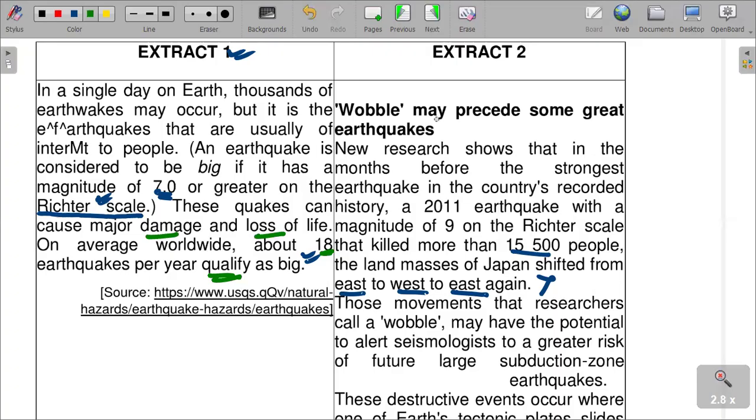Extract 2: wobbles may precede some great earthquakes. New research shows that in the month before the strongest earthquake in the country's recorded history, a 2011 earthquake with a magnitude of 9 on the Richter scale that killed more than 15,500 people, the landmass of Japan shifted from east to west to east again.